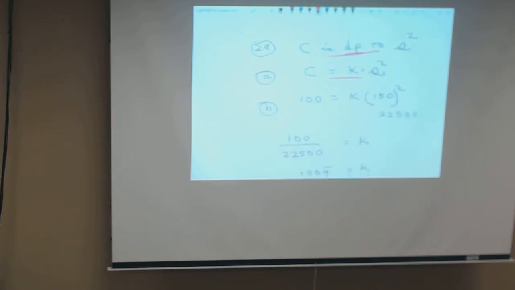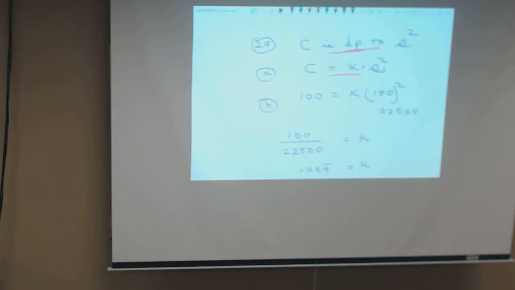Number 29. The cost of fuel per hour for running an airplane is directly proportional. As soon as it says directly proportional, I write down C equals K times something. And it says proportional to the square of the speed. So I have to square the speed.